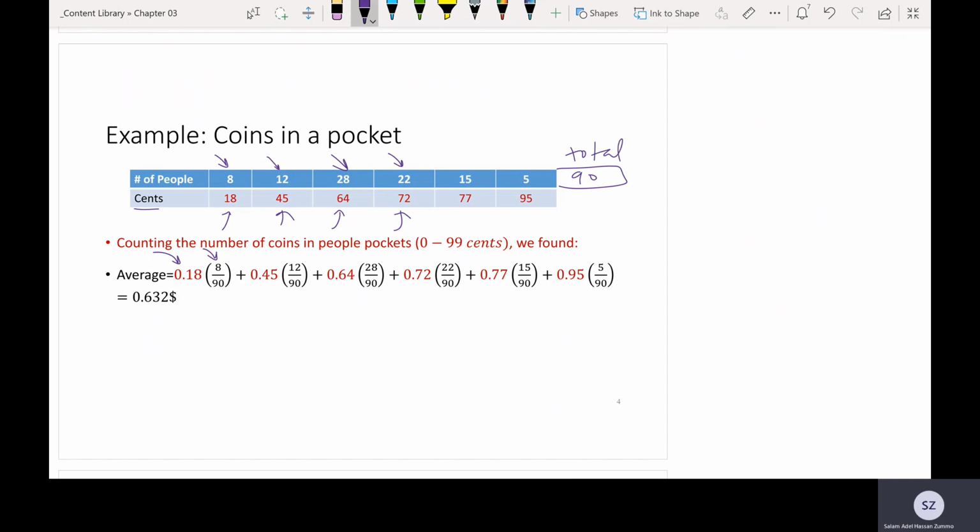Okay, so basically same thing, 45 cents, which is 0.45, multiplied by 12 people over the total, 90, and so on. So the number of dollars multiplied by the fraction of people having that amount of dollars, and so on. And the result will be like, for example, 0.60.